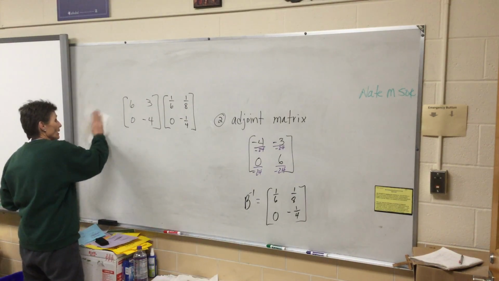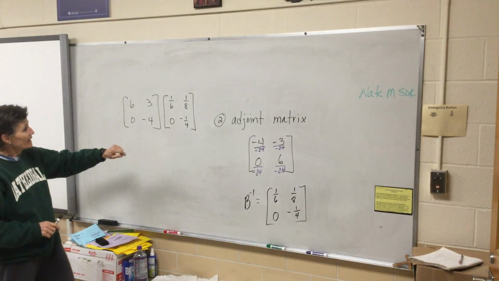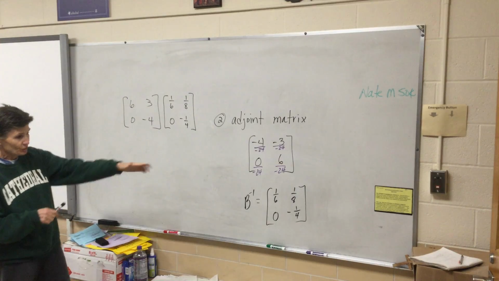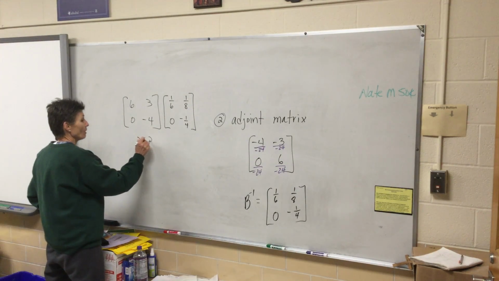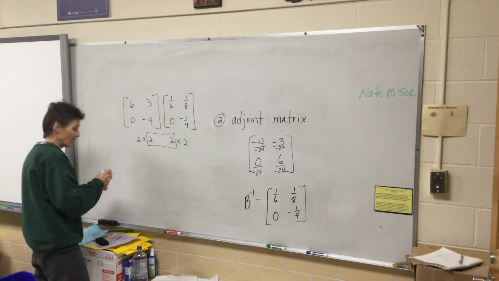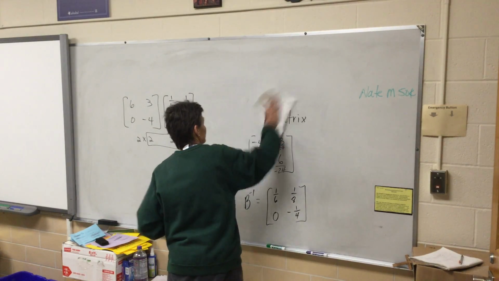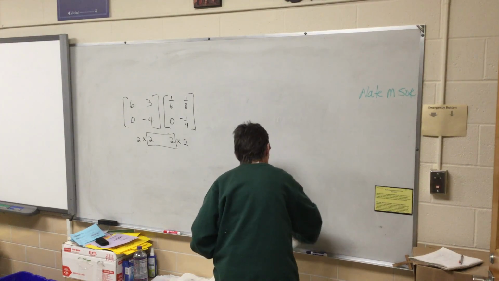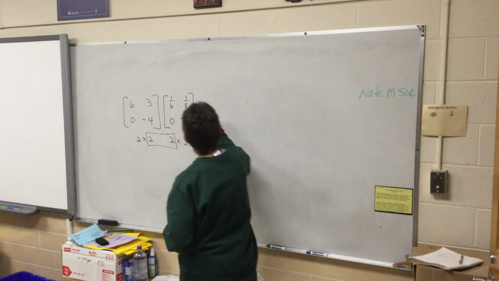Alrighty, so what I'm going to do is take my original matrix B and multiply it by this new matrix, this inverse thing that I built. Now, first of all, that's going to be possible, and the answer is going to be another 2 by 2. But the answer is the interesting part. What is this answer going to look like?